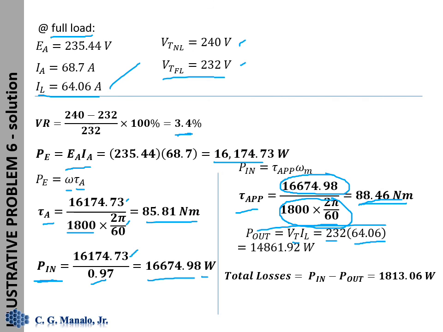And losses can be computed by taking the difference between power in and power out, and that should give us around 1.8 kilowatts. From there, we can compute for the efficiency, which is around 89%.